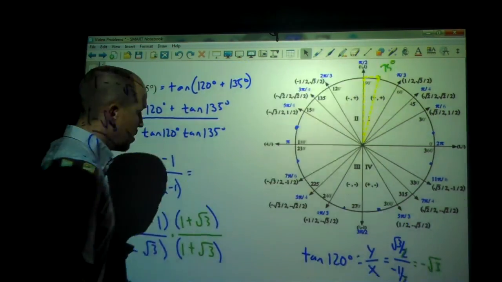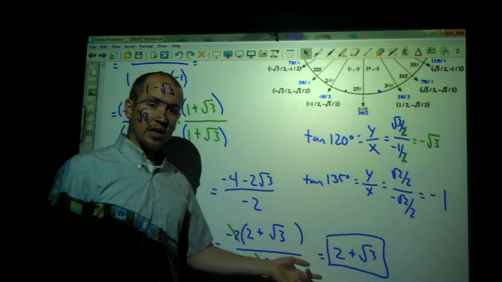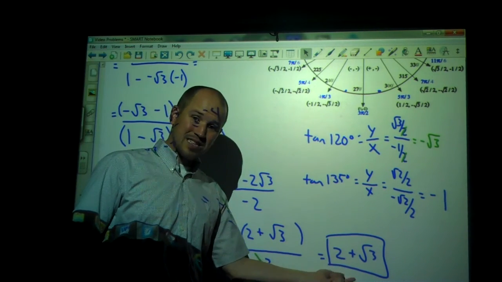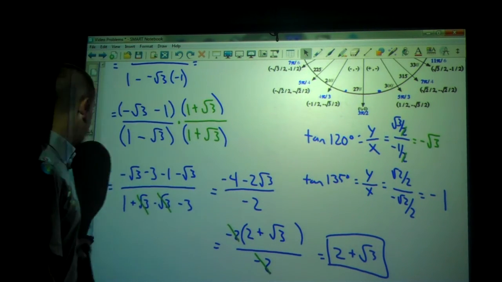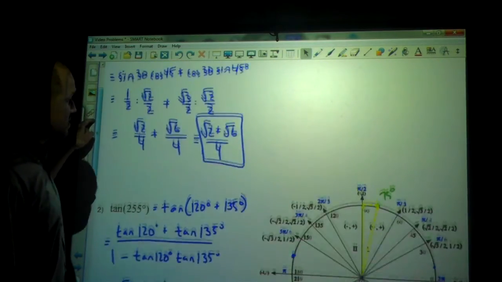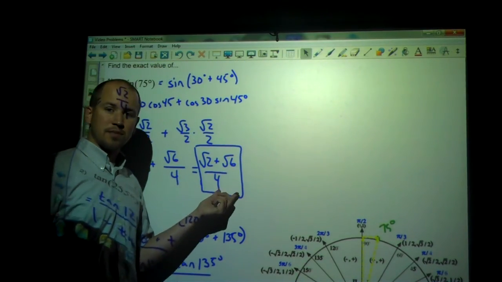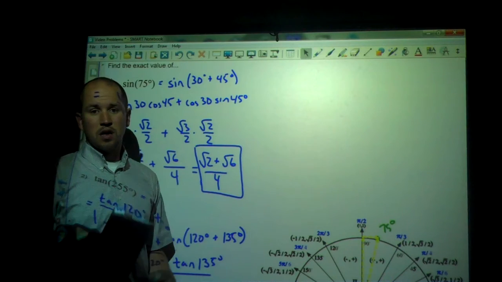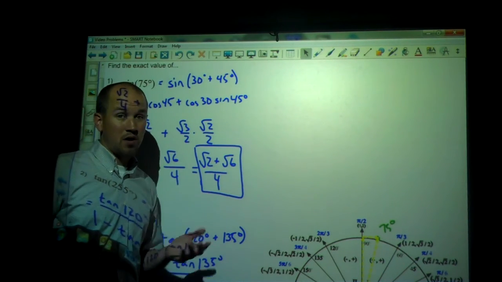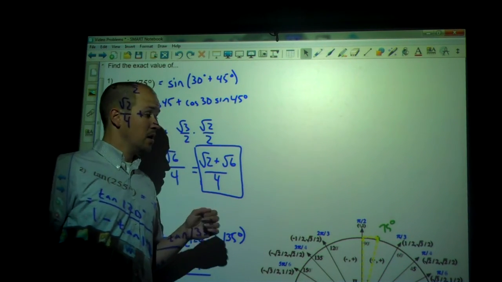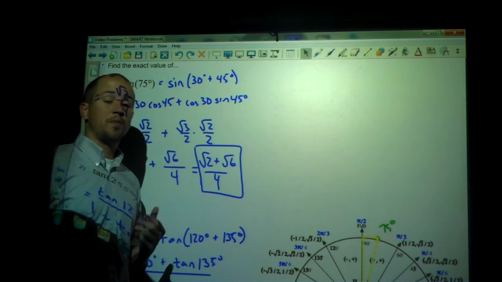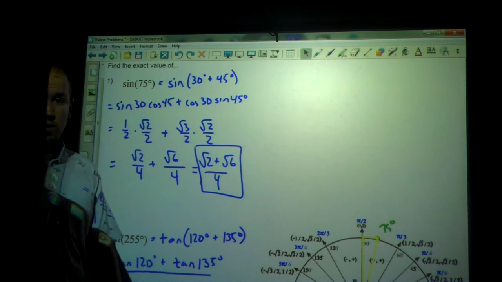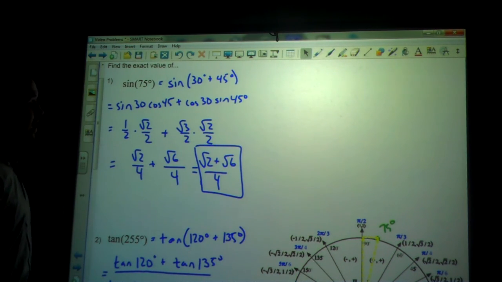So when you're doing all your tangent calculations, you should expect something like that. It simplifies really nice. And when you're doing your sine and cosine, it's going to be something like this, where it's root 2, root 6, positive, negative. It's always over 4. There's patterns you should expect. It'll help you know if you did it right or wrong. All right, that's cool.